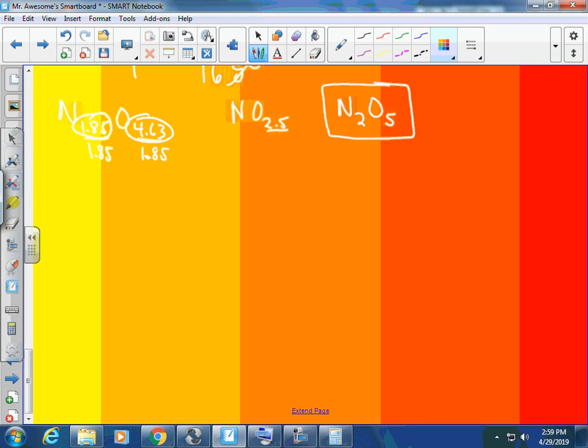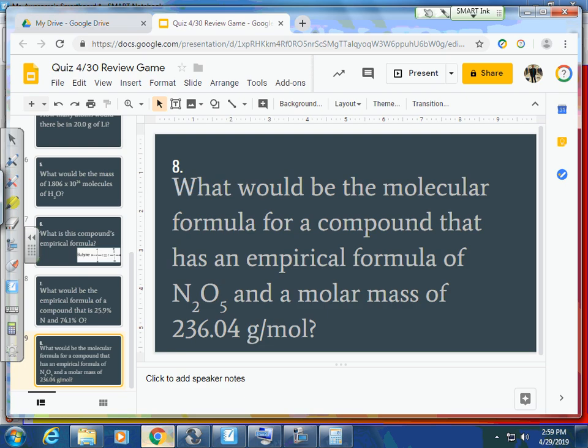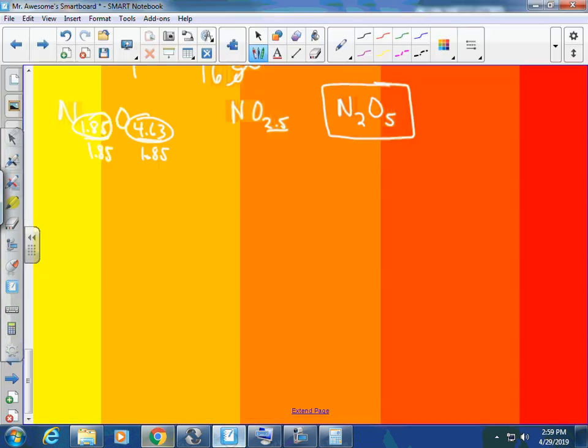But it said the actual molar mass is 236.04 grams per mole. So what I'm going to do is take the mass of this to start. I've got 2 N's and 5 O's.